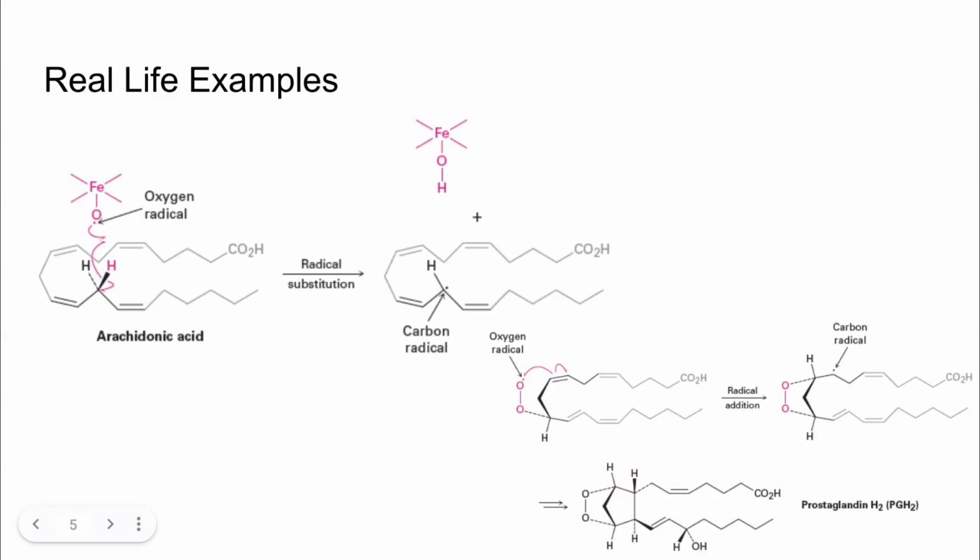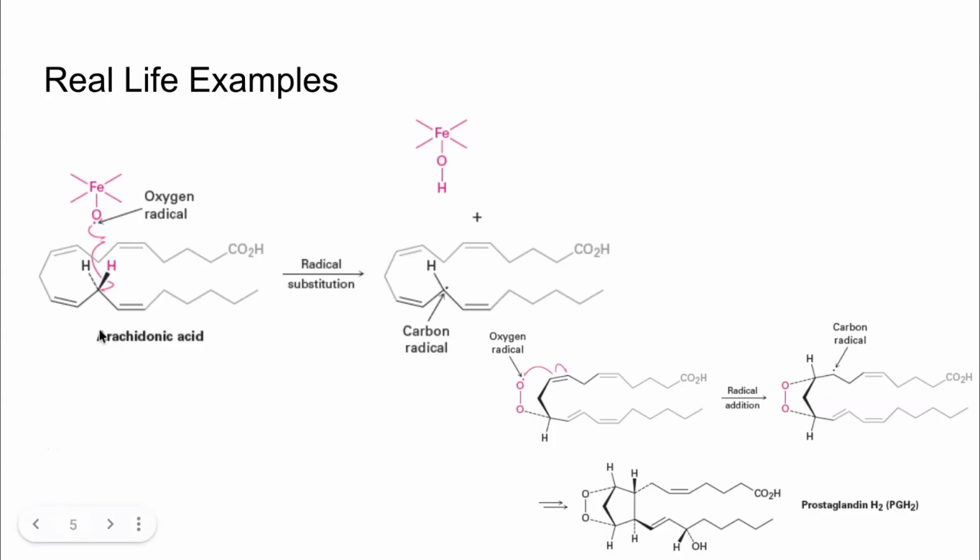Okay, so a real-life example of this reaction is in the synthesis of prostaglandins, which is a large class of molecules found in almost every tissue and fluid inside the body. And a number of pharmaceuticals are based on or derived from prostaglandins, including medicines that induce labor, control asthma, help treat congenital heart defects, and then there are many other examples as well.